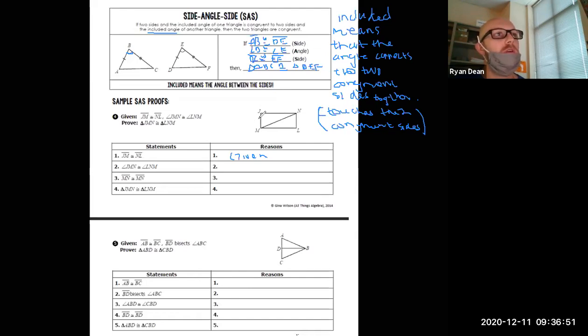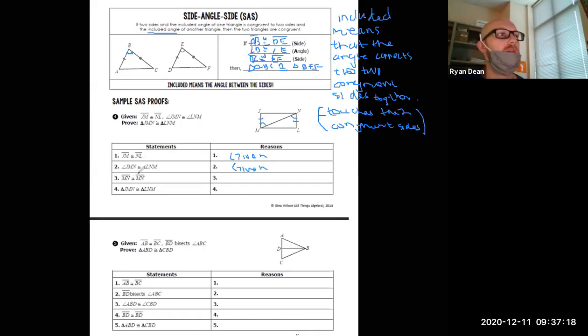JM is congruent to NL, so that gets one hash mark. The second thing they give to us is that angle JMN is congruent to angle LNM. That gets the one arc mark, and that is also given to us.